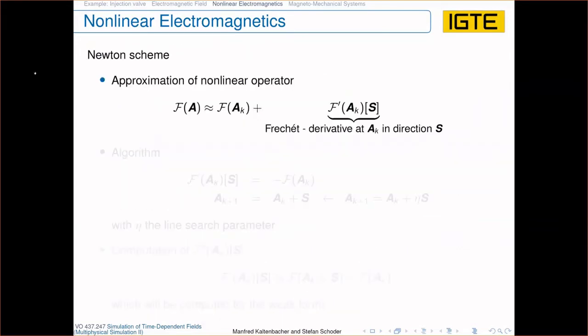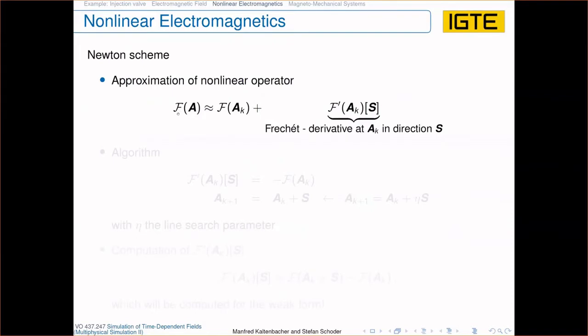Okay, now we know how to get the evaluations of our nonlinear parameter. And in a Newton scheme, as you know, we approximate the nonlinear operator. So we have a nonlinear operator, which is our partial differential equation, but at the end it will be more useful, and that we will do, we will use it already in the weak formulation.